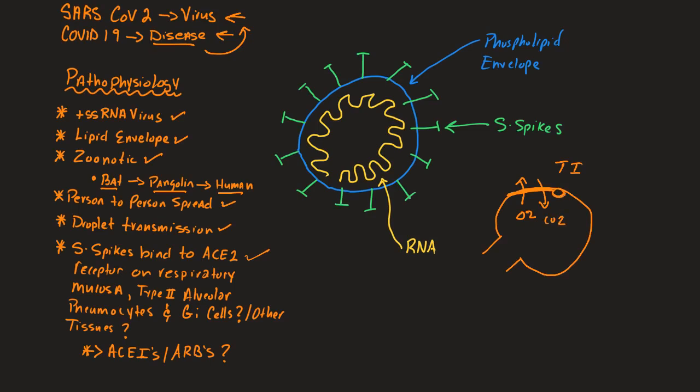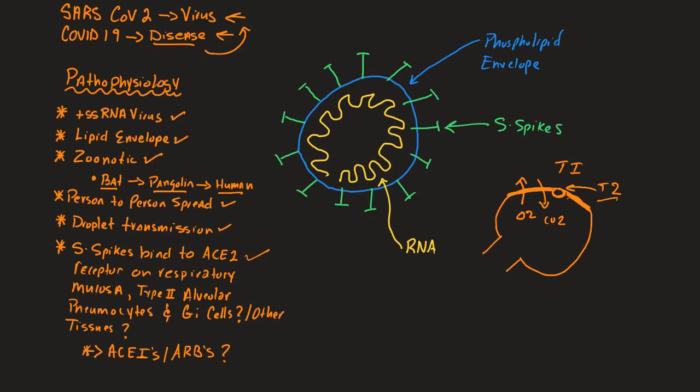And then you have these other cells called the type 2 alveolar pneumocytes, which produce surfactant that decreases the surface tension on those alveoli and helps keep them from collapsing. And we do see that the ACE2 receptor is expressed, I believe, primarily, or in high concentrations, on these type 2 alveolar pneumocytes.